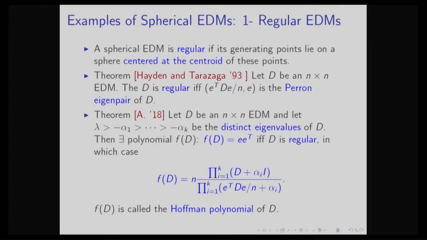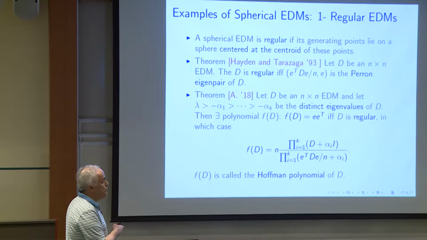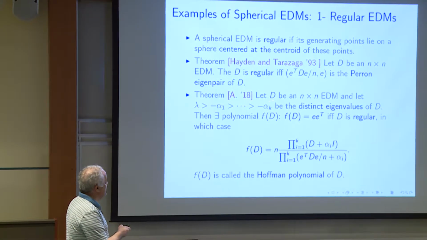So in the theory of regular graphs, there is something called the Hoffman polynomial, and it translates exactly to EDMs. Here, if we have an EDM, let these be the distinct eigenvalues. Remember, it has exactly one positive eigenvalue, and all the others are non-positive.